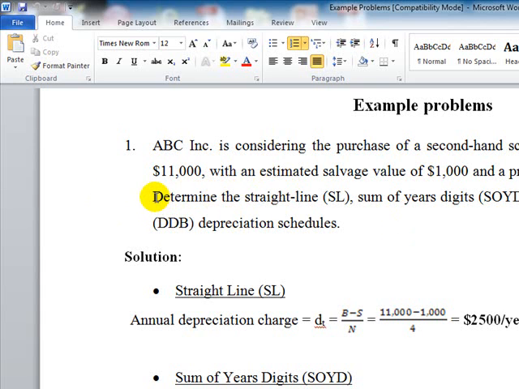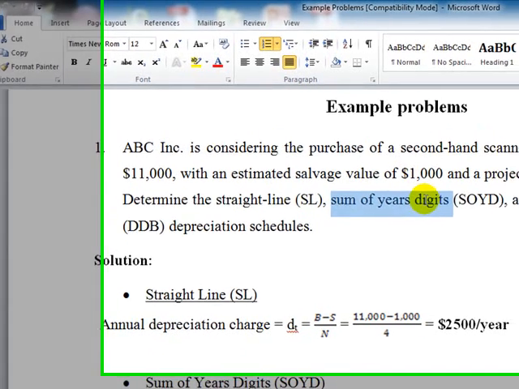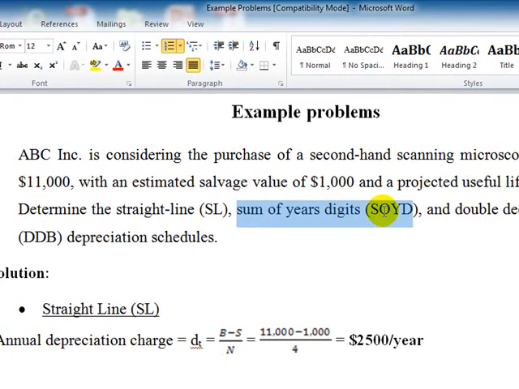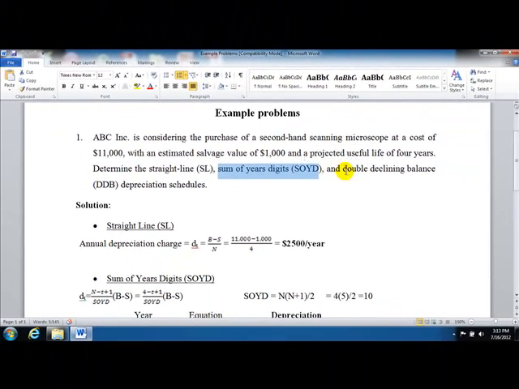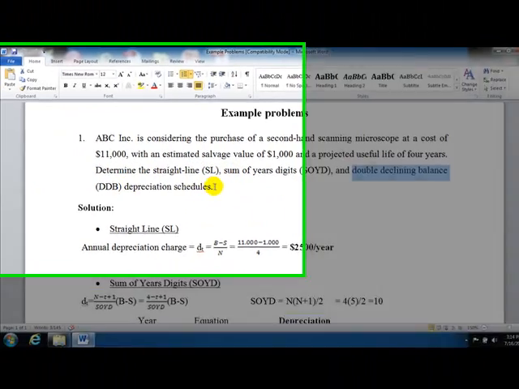So in this particular problem we are talking about 3 different methods: the straight line depreciation, sum of years digits depreciation, and double declining balance depreciation. So by using each of these methods we will calculate the annual depreciation values, the depreciation schedules, right?